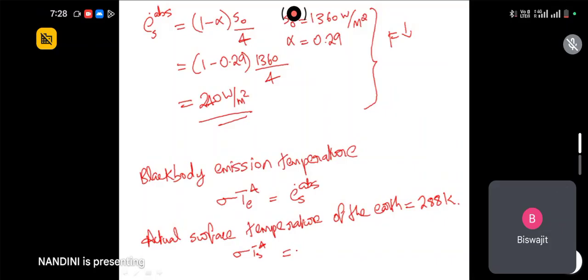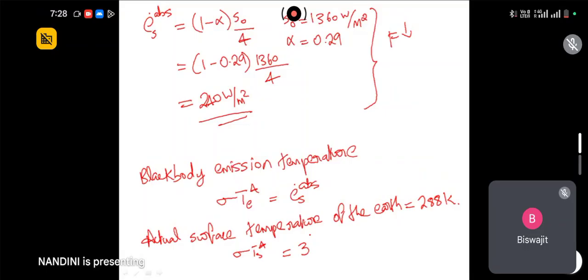How much will it be? 320 is coming. Ts is 288 Kelvin. 5.67 into 10 raised to minus 8 into 288, the whole raised to 4. I'm getting a value of 390.